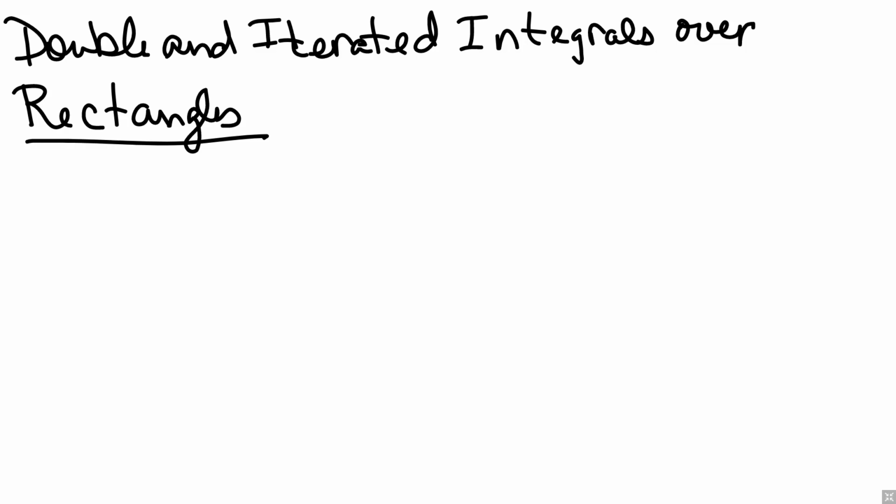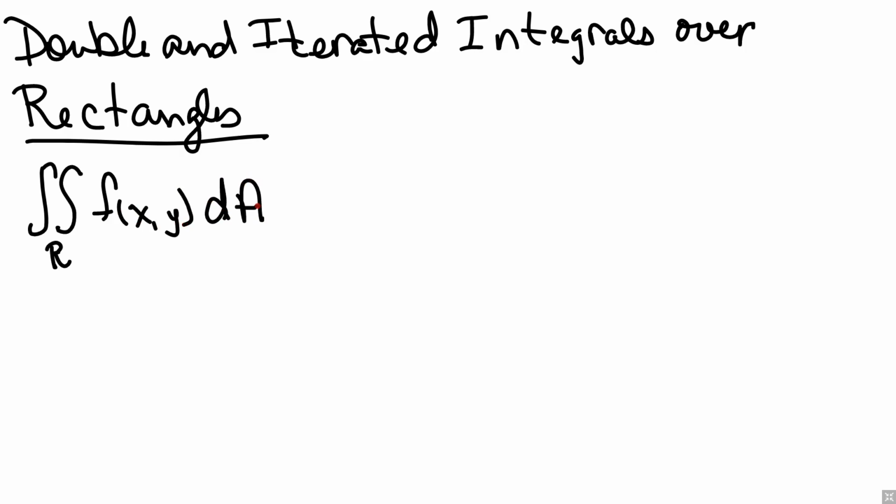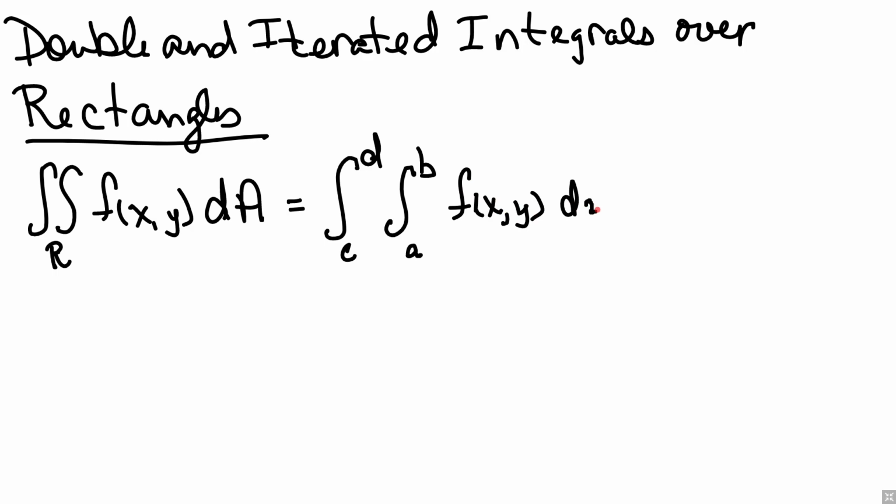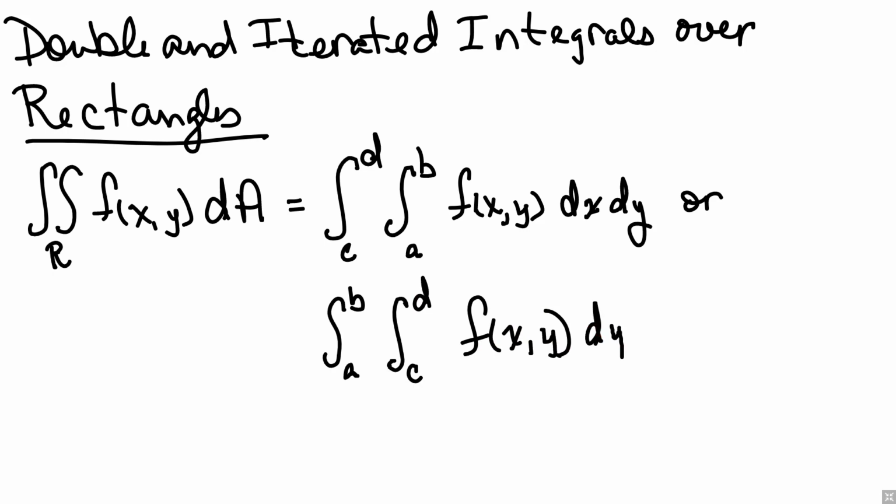What this theorem says is this: if f of x, y is continuous over a rectangular region, where x is bounded between a and b, y is bounded between c and d, then if I do the double integral over this region of the function f of x, y dA, this would be equal to the integral from c to d, integral from a to b of f of x, y dx dy, or we can look at this as the integral from a to b, integral from c to d of f of x, y dy dx.